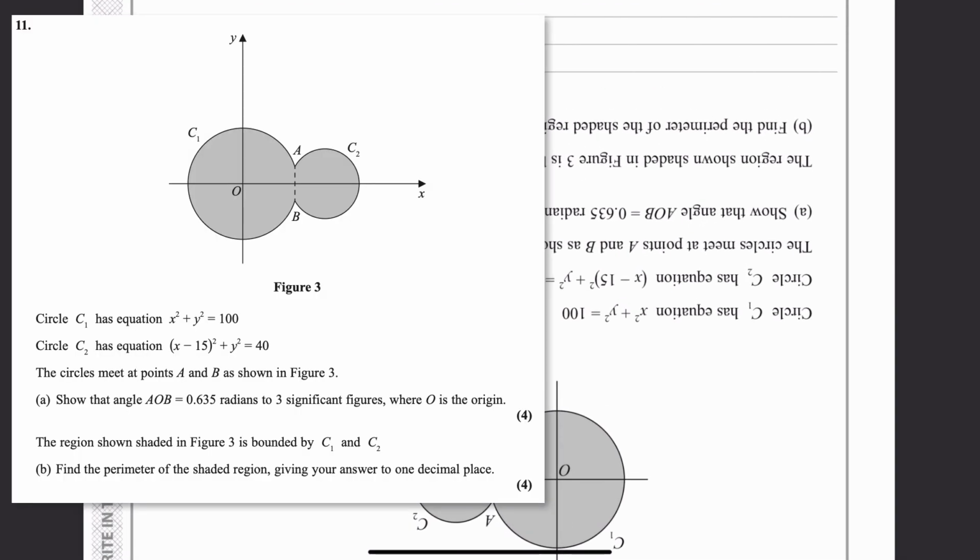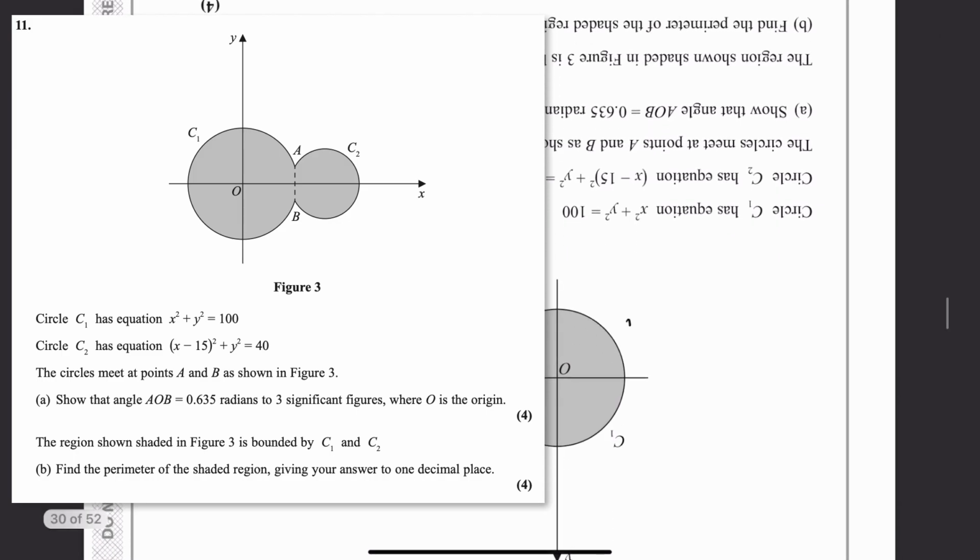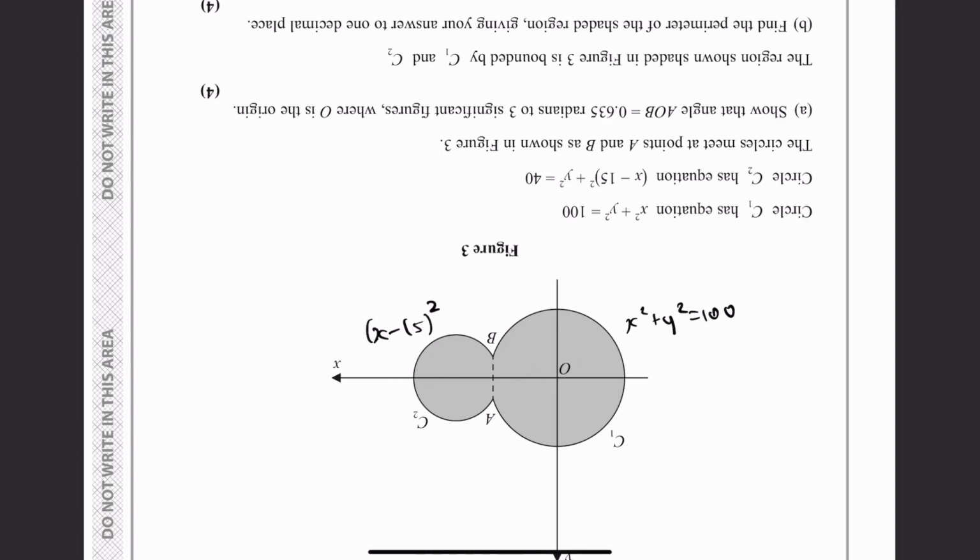So circle C1 has equation x squared plus y squared is 100. Circle C2 has equation, wait, let me write this now. C2: x minus 15 squared plus y squared equals 40. The circles meet at point A and point B as shown in fig 3.